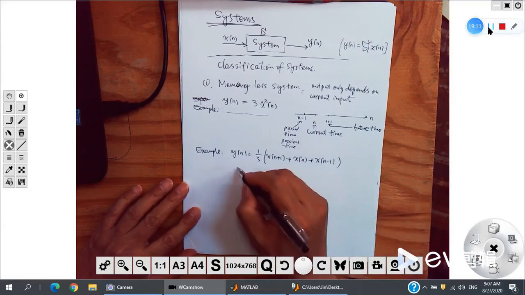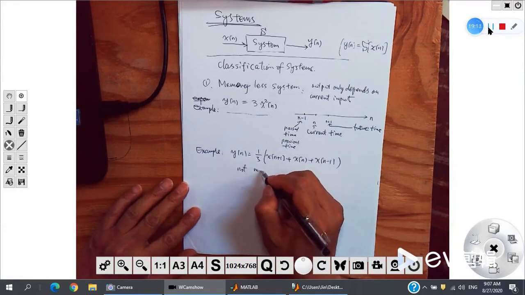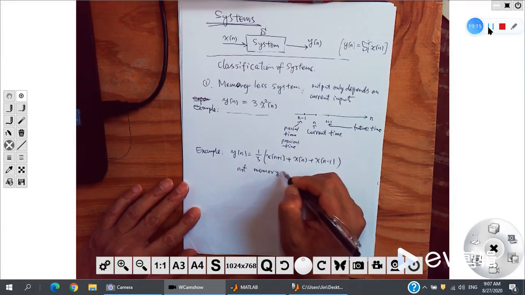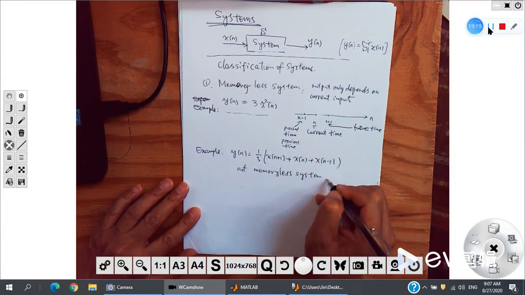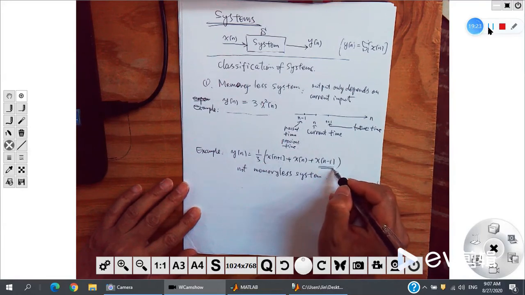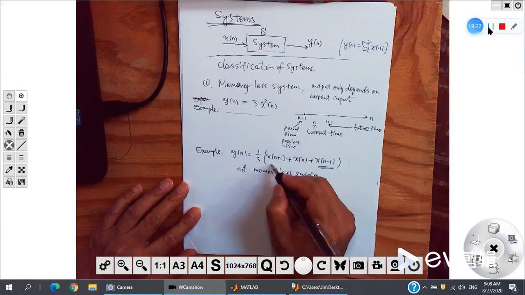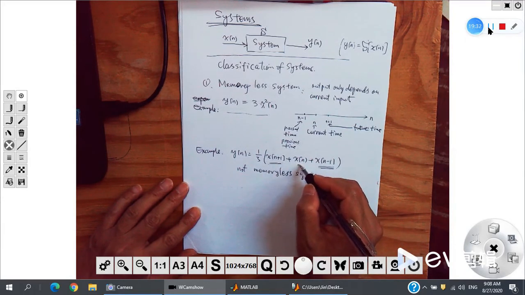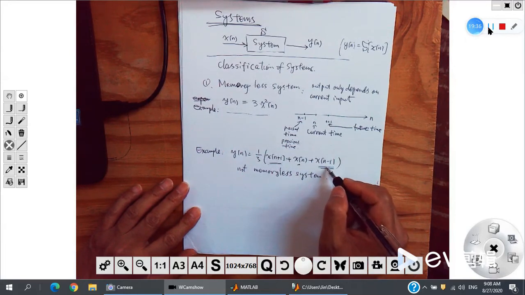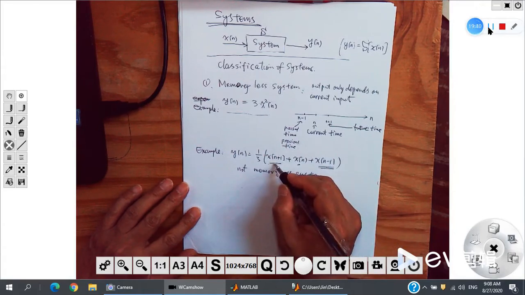This is not memoryless, because you have some old data, you have some future data, and this is the current data. On the input side, you need the current input, some old input, and you even need some future input.